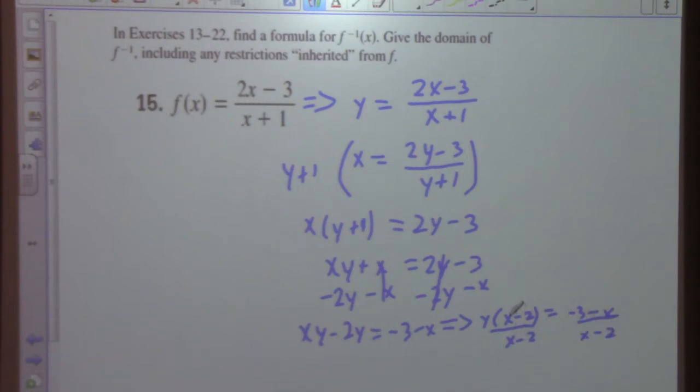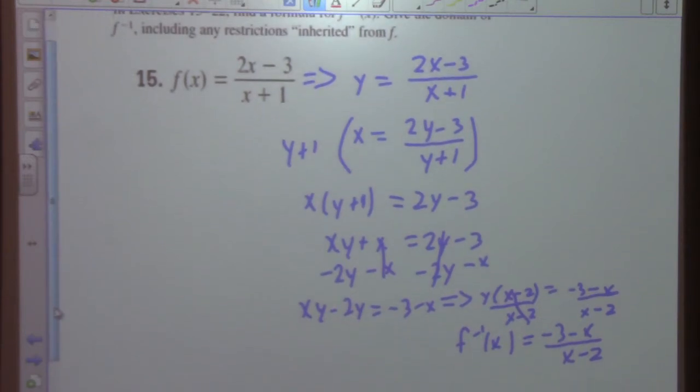So that goes out here. And so that's what we have. And then last step, we have f negative 1 of x is equal to negative 3 minus x over x minus 2. Does that look right? Yeah.